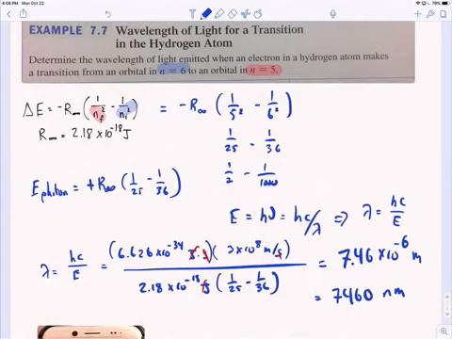So recap, we have n equals 6 going to n equals 5.